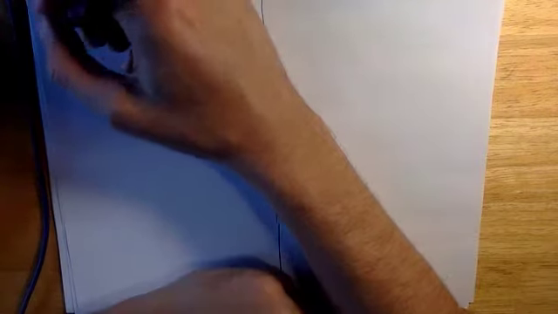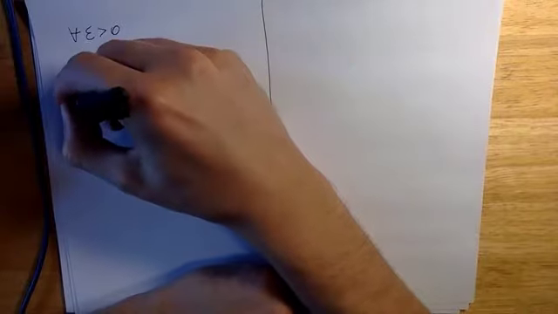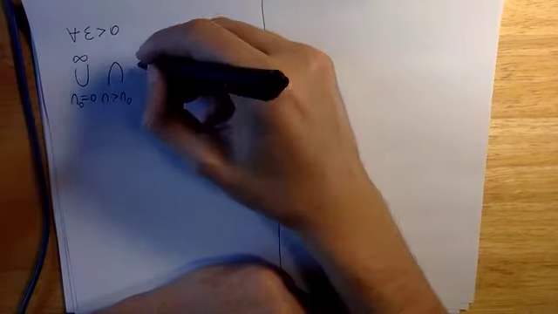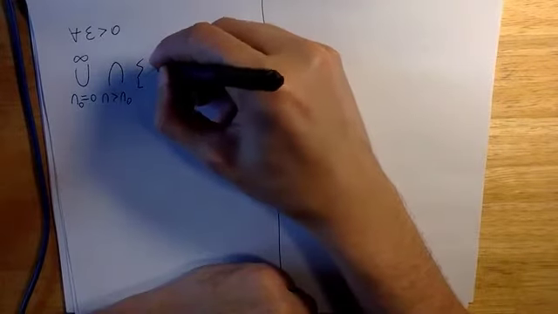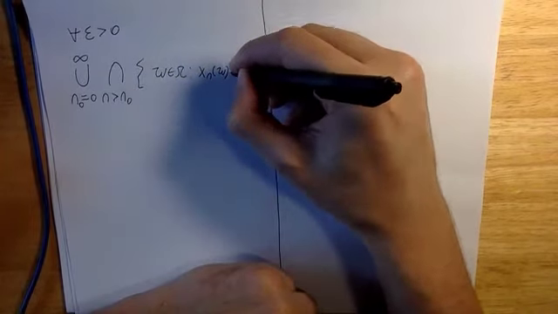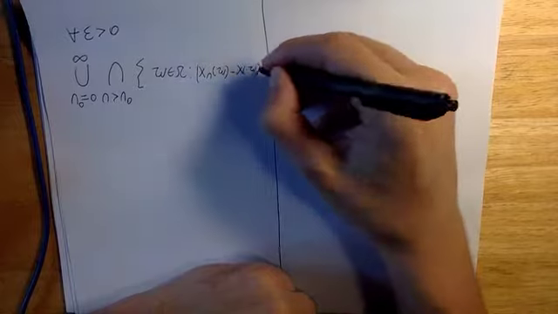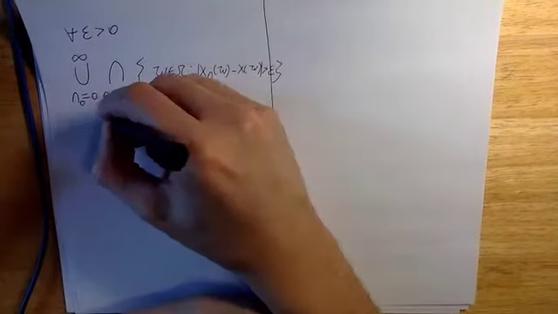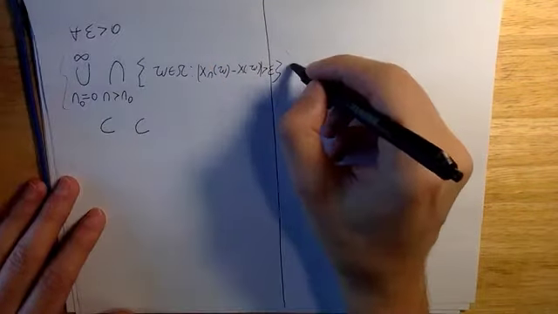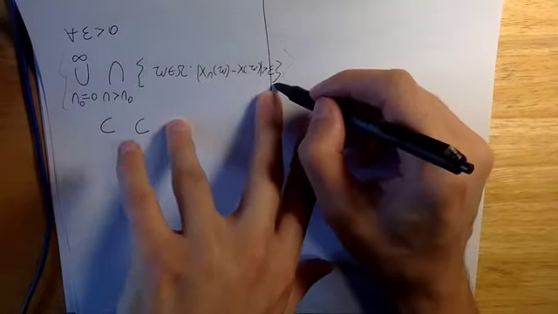So the set for every epsilon positive, the union over n0 of the intersection over n bigger than n0 of the omegas in Omega such that |xn(omega) minus x(omega)| is less than epsilon, is contained in C. C was defined by the intersection of all of these sets for different parameters epsilon.